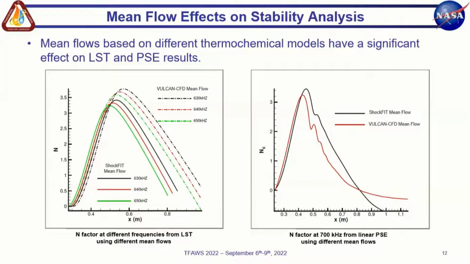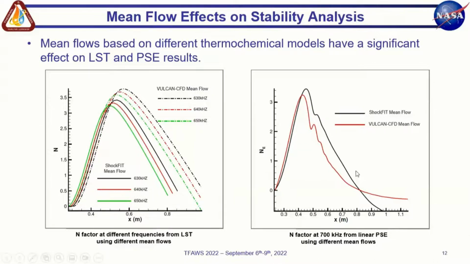The curves move a little upstream for the shock fitting mean flow. So this means the shock fitting mean flow actually leads to early instability in the flow. But on the other side, the maximum N factor is lower compared to the VULCAN mean flow.